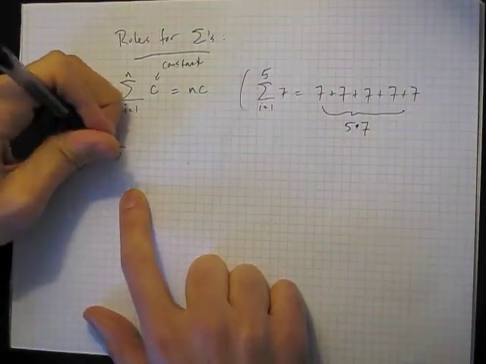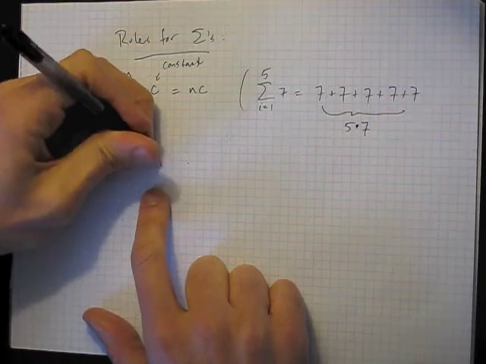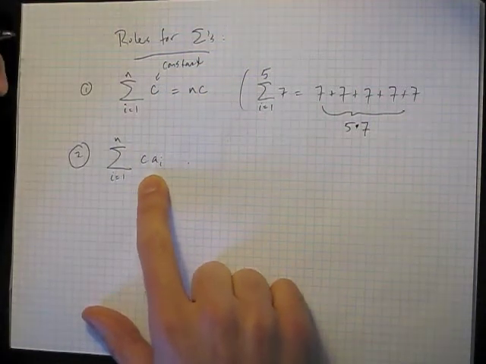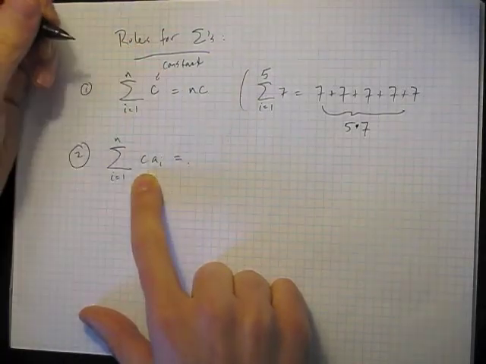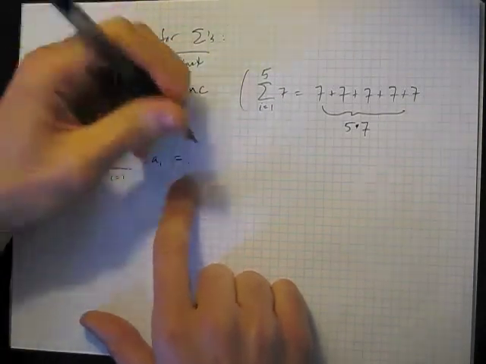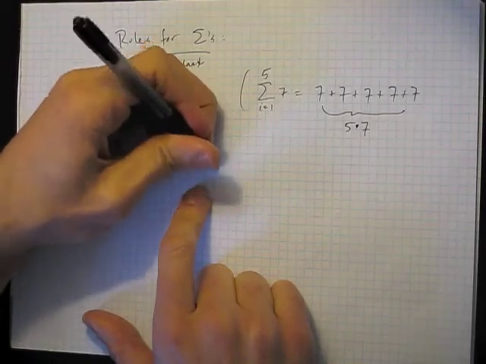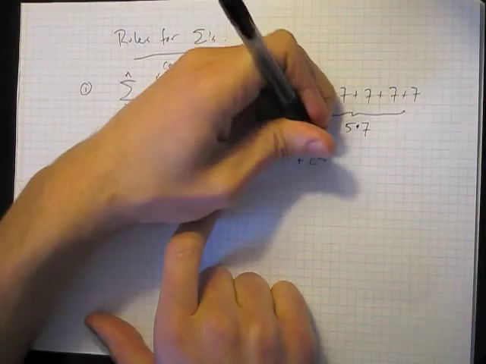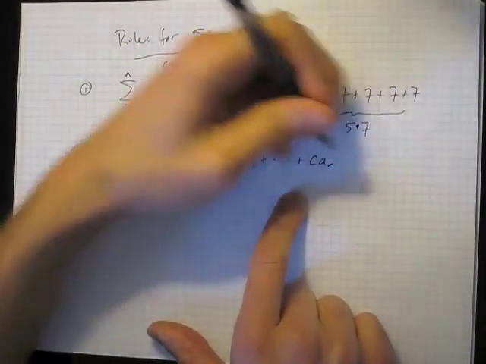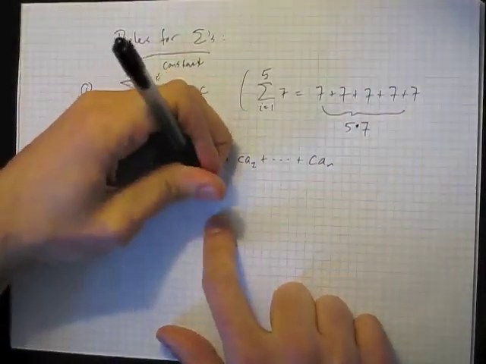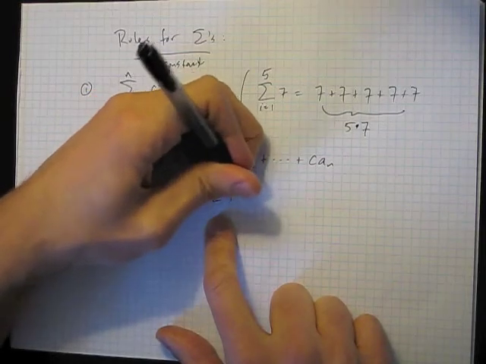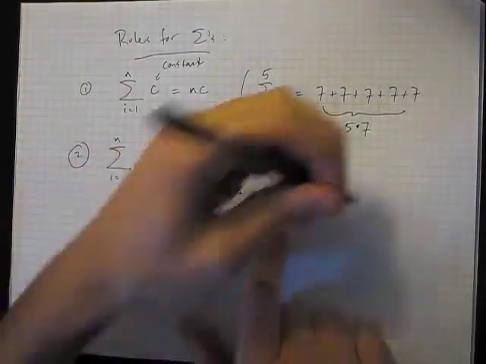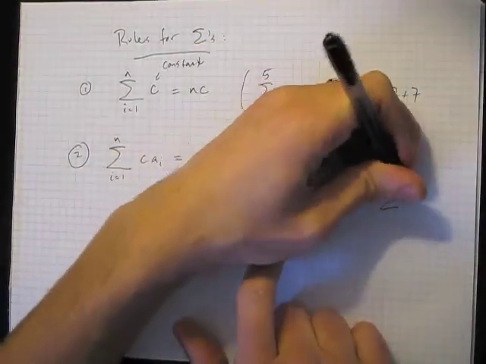Rule number 2, c is again a constant here. If you take any summation that looks like this, well, the constant is just being multiplied by every term in the sum. So this would be c times a1 plus c times a2 plus dot dot dot all the way up to c times an. So this would be equal to c times the sum of these, and so that is equal to c times the summation.